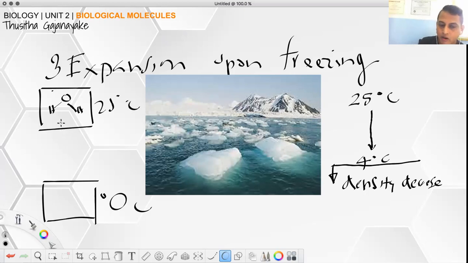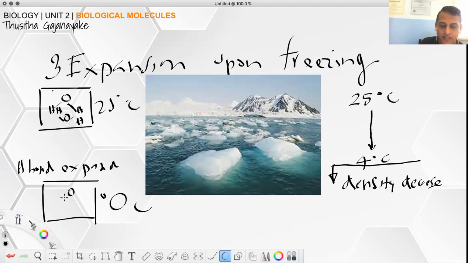So here we have let's say 2 water molecules. Now when it's getting colder, the hydrogen bond expands.